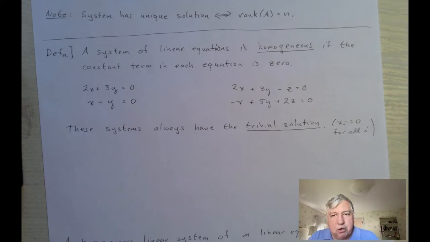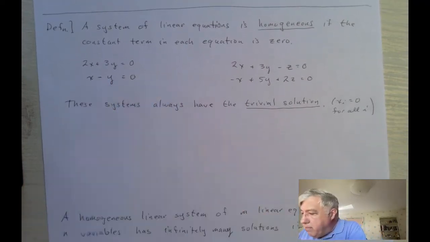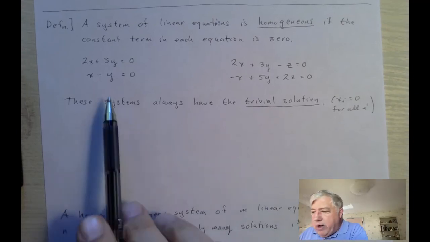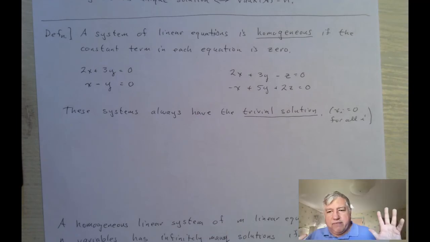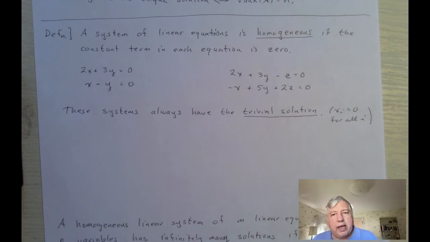Let me let you look at these and work these out. So these are both homogeneous. With a homogeneous system, there's always a trivial solution. If you set all the variables equal to 0, then that's always going to be a solution.